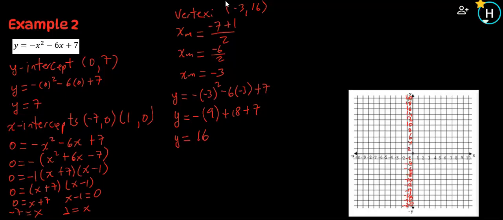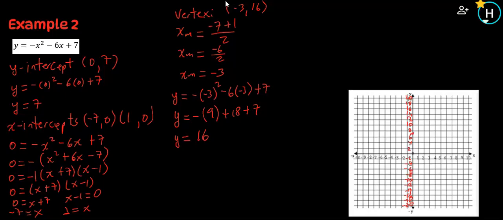To graph, or to plot the points on the Cartesian plane, I'm going to use the scale of 2 for the y-axis and the scale of 1 in the x-axis. So to identify 0, 7 in the Cartesian plane, remember that the scale is 2 by 2, so it's in the middle between 6 and 8.